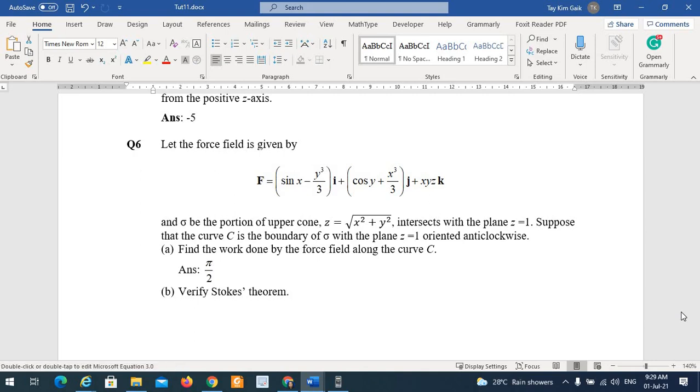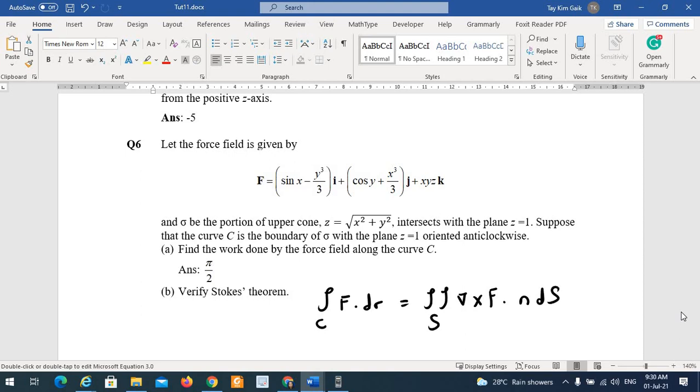If the question says verify Stokes theorem, then you have to do the left side and the right side. It means you have to do the line integral F dot dr. The curve C here, the boundary of the upper cone, is circular, so it is not difficult to find your line integral F dot dr. So to verify Stokes theorem you have to do both sides.